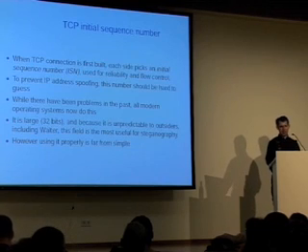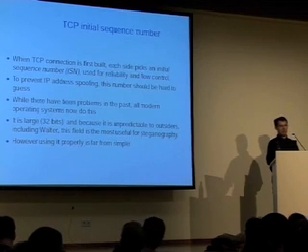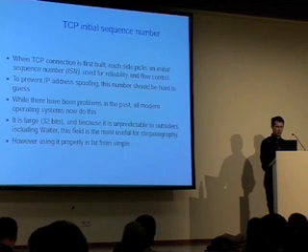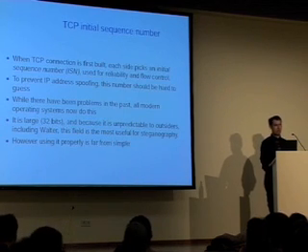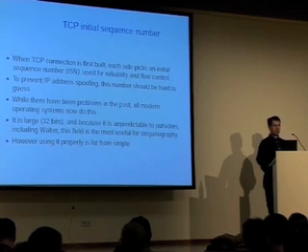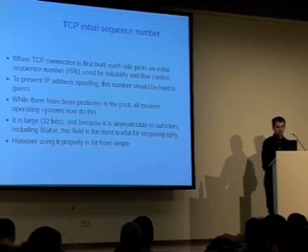The other requirement is that the initial sequence number is hard to guess for hosts that are not involved in the conversation. This is necessary because one of the properties of TCP is it should be hard to spoof. So if I make a connection and then spoof my source address, I shouldn't be able to carry on that connection.